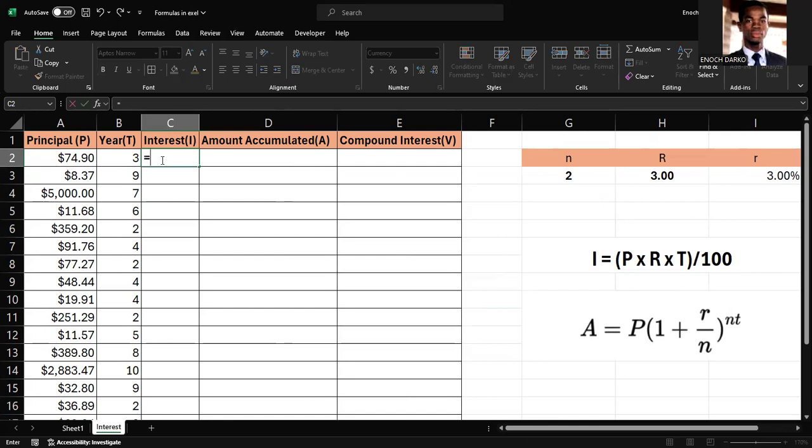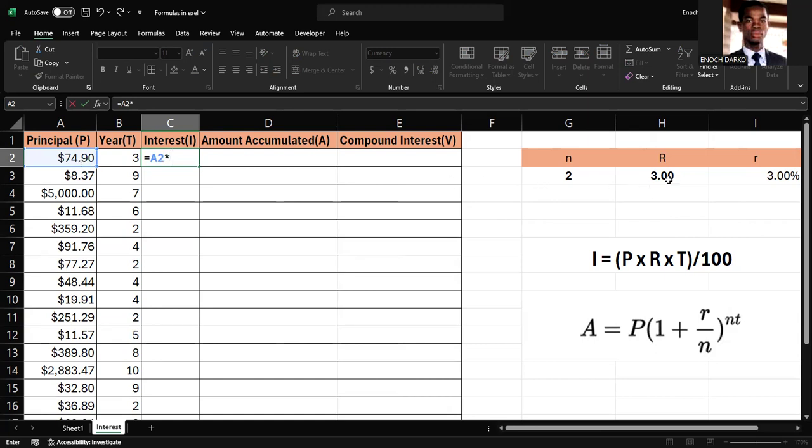As we said, all formulas begin with an equal to sign. So we type equal to, then you select the principal times the rate. Where's our rate?